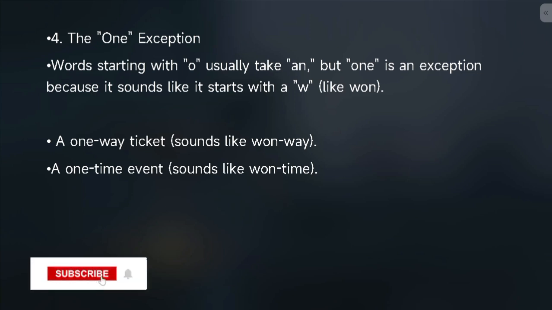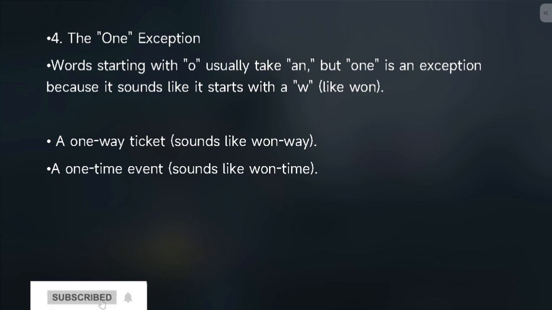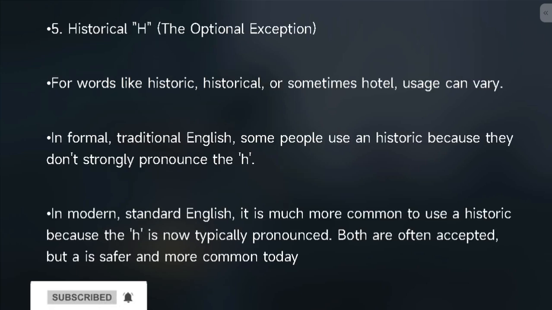It is a one-way ticket. A one-time event. It is not an one-time event. So remember this. This is an exception. So when you are putting it in a sentence, you will put it in this way. A one-way ticket is purchased from the counter. Clear? A one-time event is held at the stadium. Hope you are clear now.